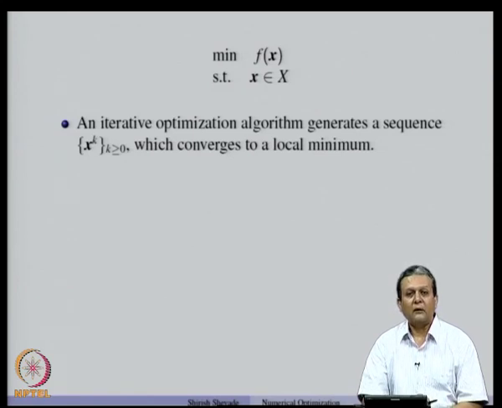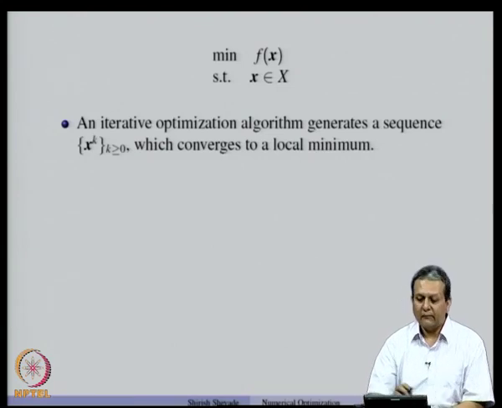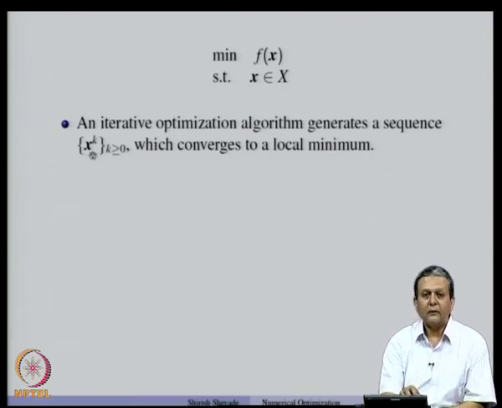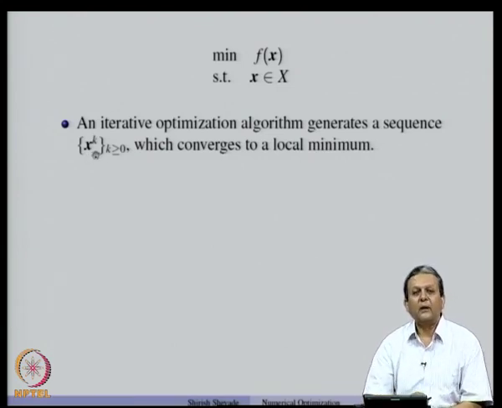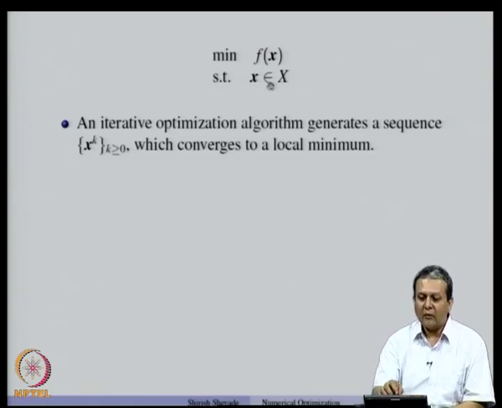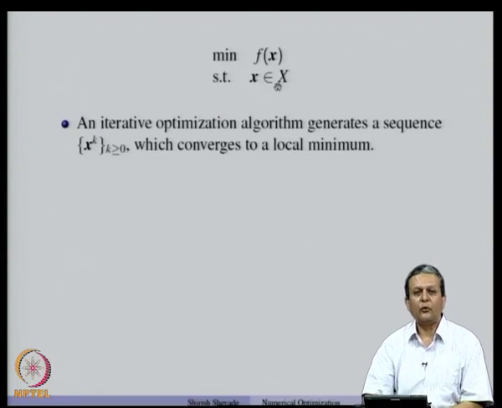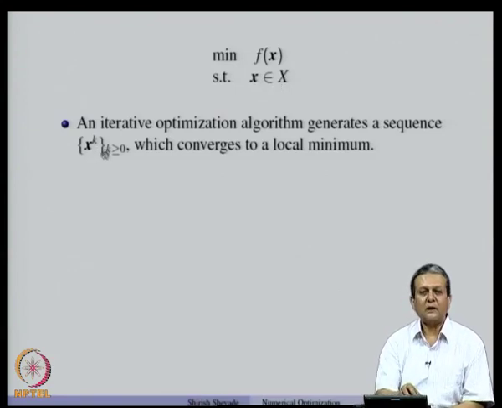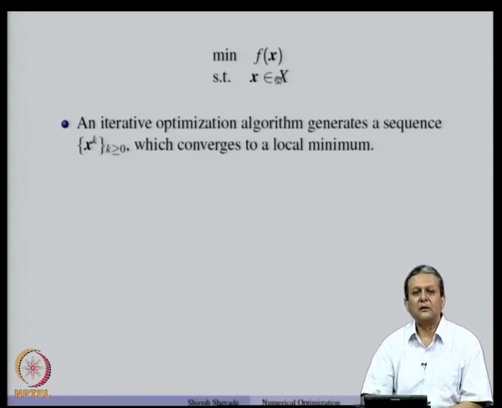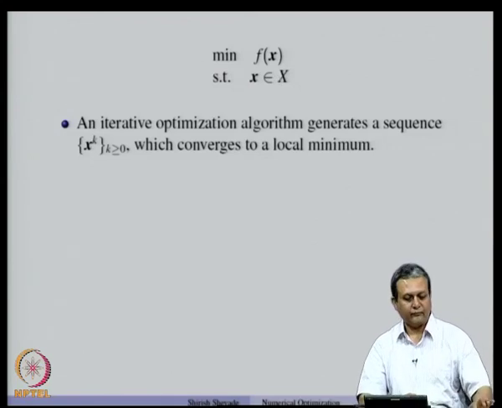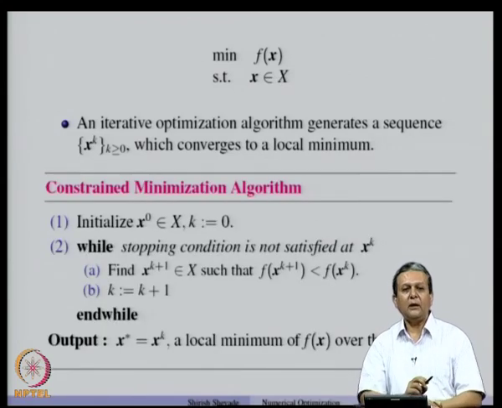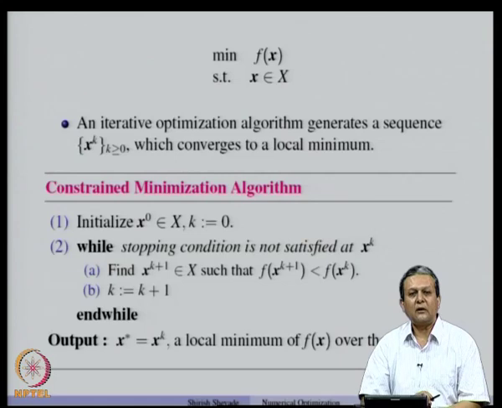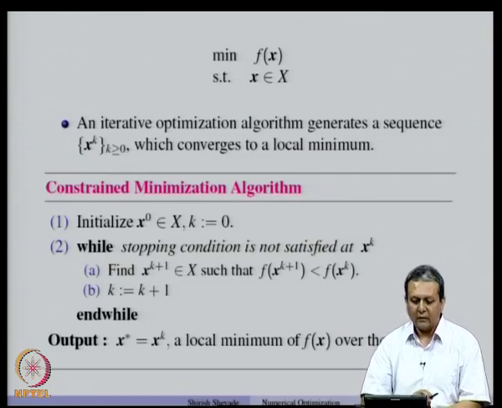Now, one has to be very careful when one writes this, that this xk is always assumed to belong to the set X. So, it is not any arbitrary sequence xk that we want to generate, but we want to generate the sequence which lies in the feasible set X. So, a typical constrained minimization algorithm is given here.